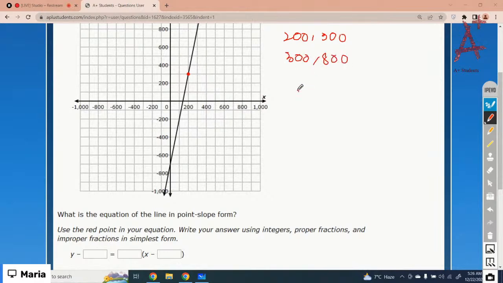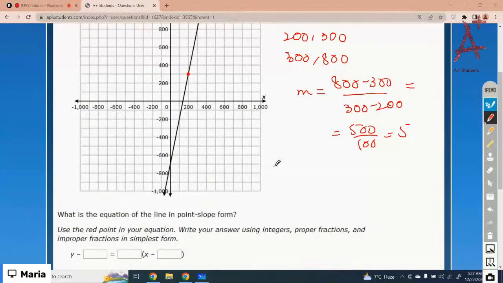And find the slope. M equals y2 minus y1, 800 minus 300 divided by 300 minus 200. It is 8 minus 3 is 500 divided by 100, and it would be 5.